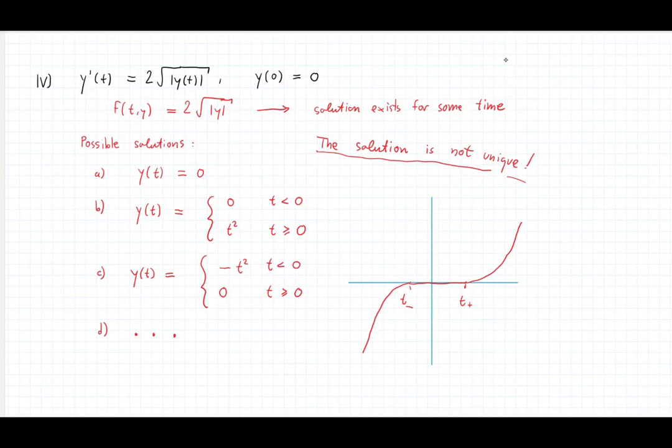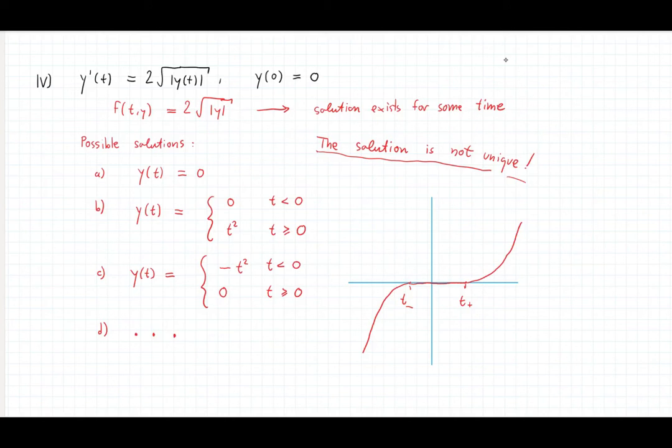So we have seen that the Peano existence theorem can be applied. So probably what prevents us from getting a unique solution is that the right-hand side of the differential equation does not satisfy the continuity condition of the Picard-Lindelöf theorem.